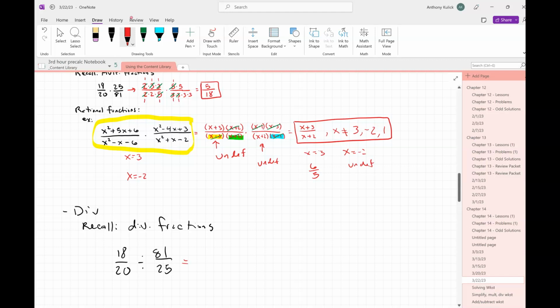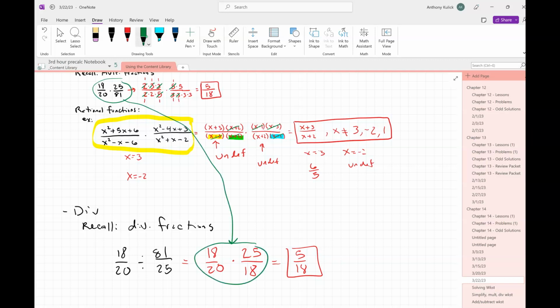We turn it into multiplication of the reciprocal, right? And then it's the same problem that we just did in the previous example, so I know that's already 5 over 18. That's how I did it so fast. I set it up to be the same example, so I didn't have to do it again.